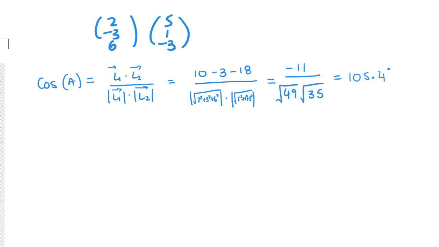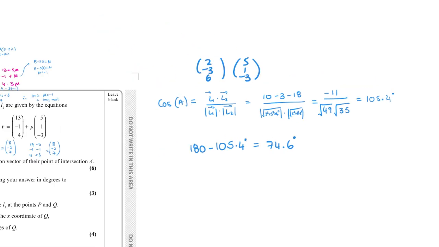If it wants the acute angle, what do we know? It's between 0 and 90. So 180 minus 105.4 degrees is actually going to give me 74.6 degrees. Perfect.